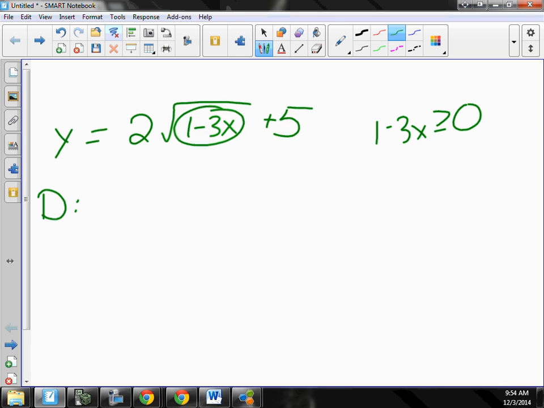How do I solve this? Minus 1, negative 3x greater than or equal to negative 1. Divide by negative 3. X is, somebody remembers, we just divided by a negative. You flip the inequality.